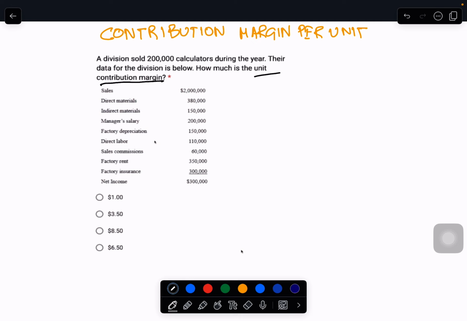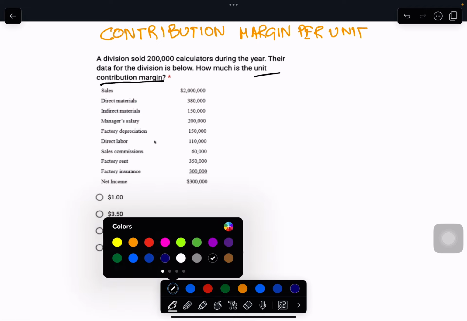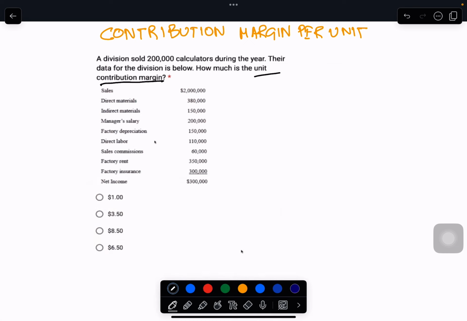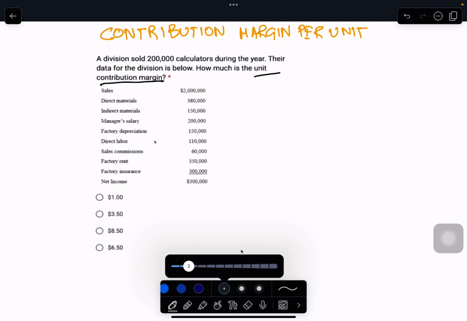So when we are calculating the unit contribution margin, we should be aware of a formula. What's the formula for the contribution margin per unit, and in the first place, what exactly is contribution margin?